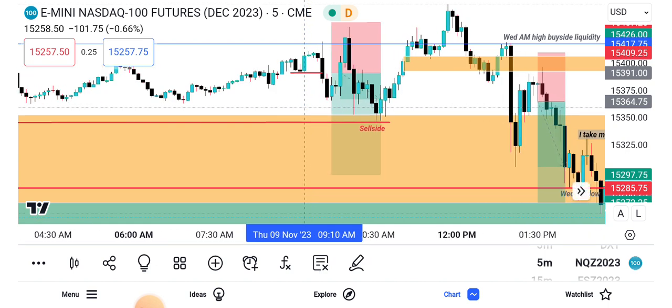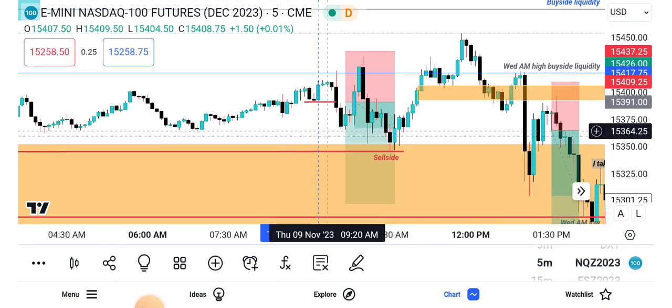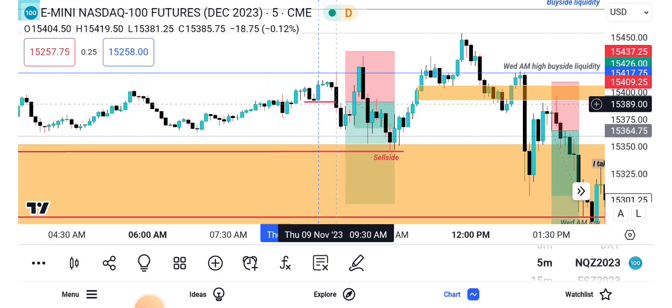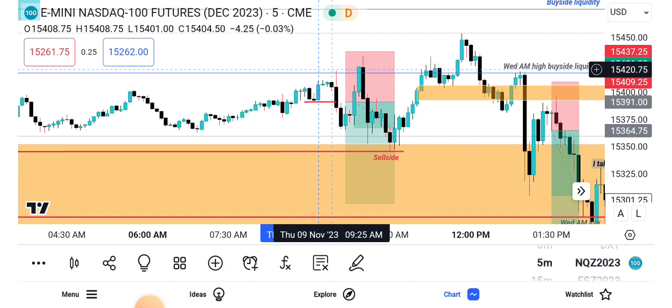Here I'd seen this market structure shift, so I spotted this fair value gap. That was my entry, and I decided to put my stop loss above the high, but give it some allowance.